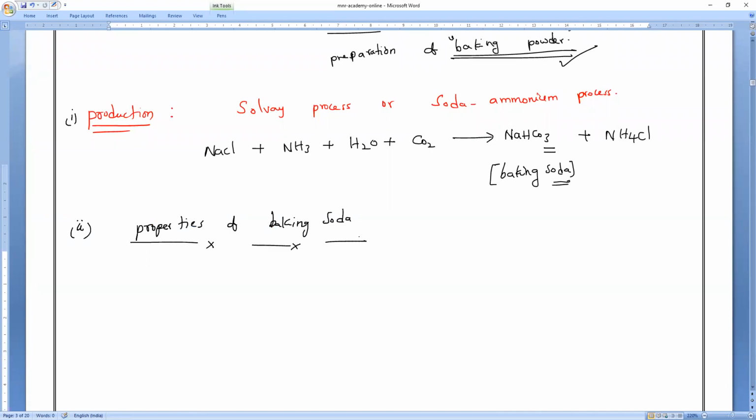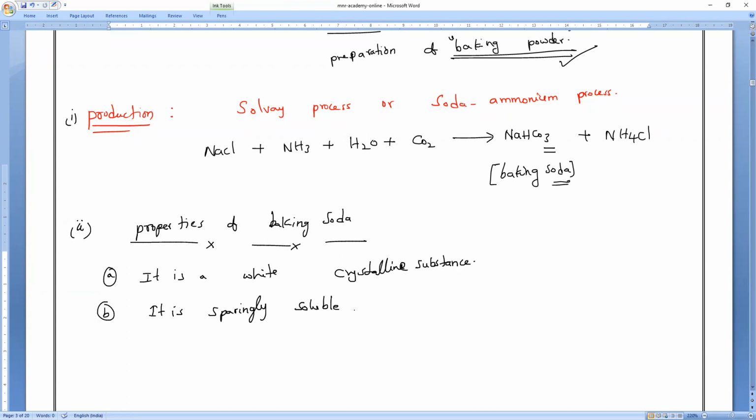Properties of baking soda. First one, it is a white crystalline substance. Next, it is sparingly soluble in water. What do you mean by sparingly, everybody? Means not completely. Understanding? Very slowly and very little of it is soluble in water.